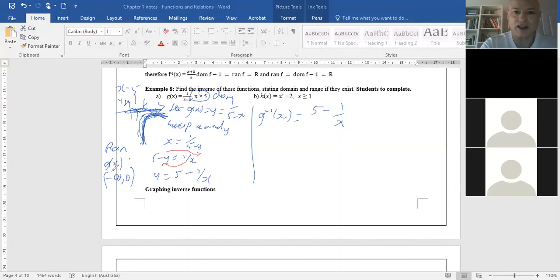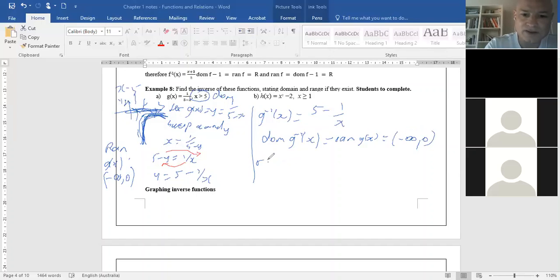So writing my domain of the inverse, domain of g to the negative 1 of x, that equals the range of g of x. We just worked out that range. The range of g of x equals negative infinity to 0.